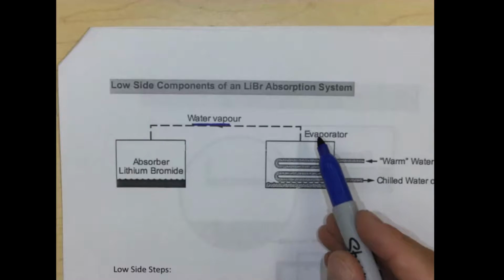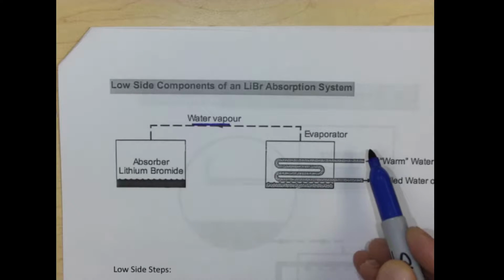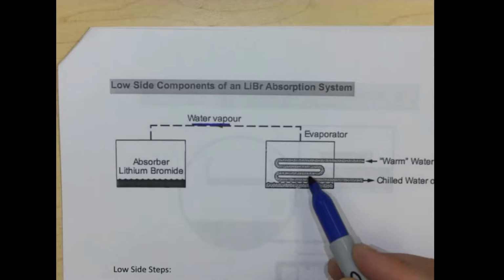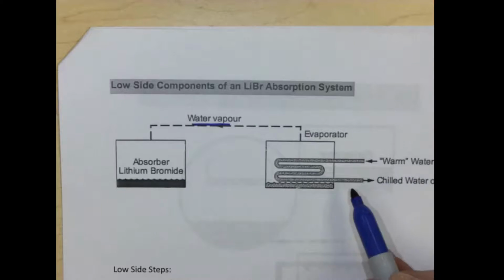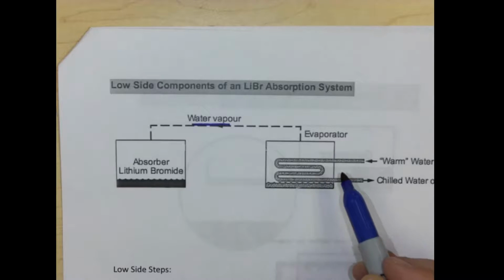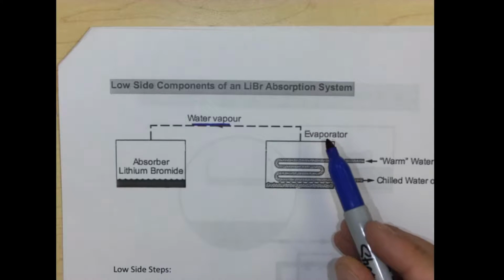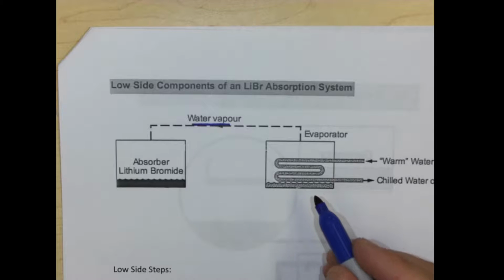So let's take a look at what our evaporator may look like. It's doing cooling with some process water here, and into our evaporator we have some liquid. What's entering that system is going to be some liquid water.